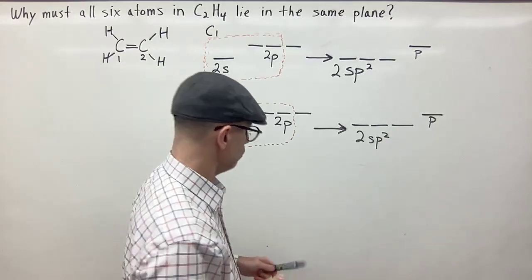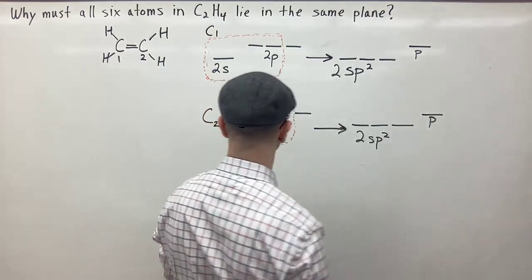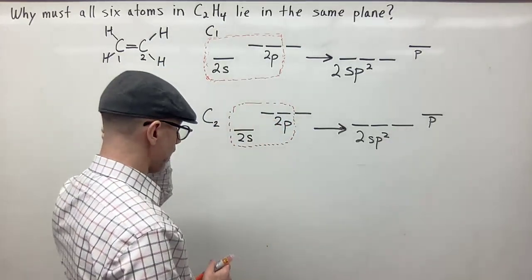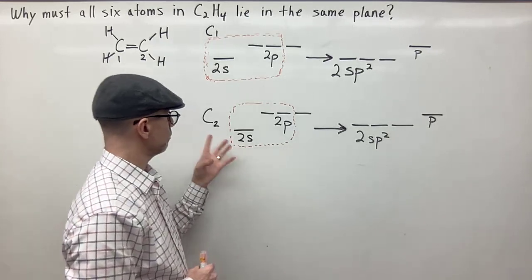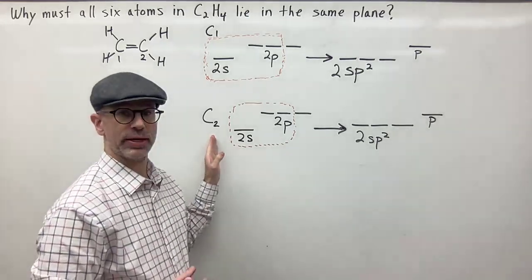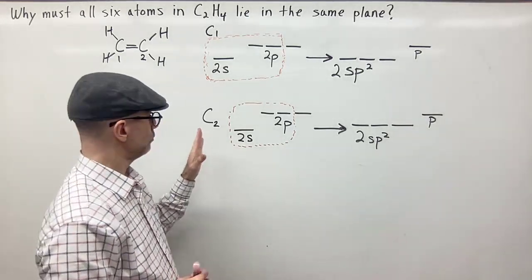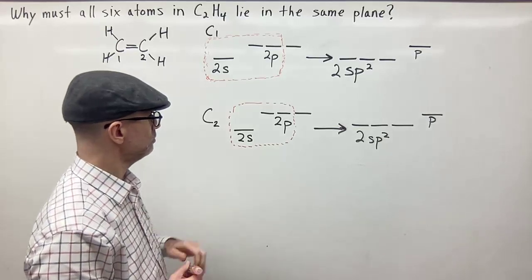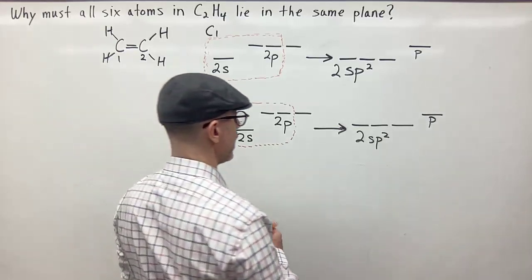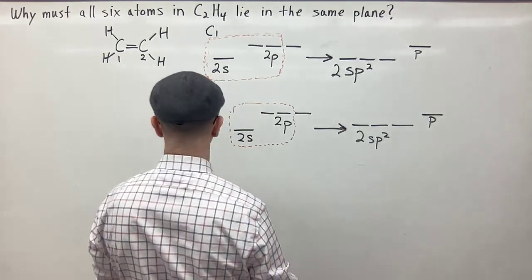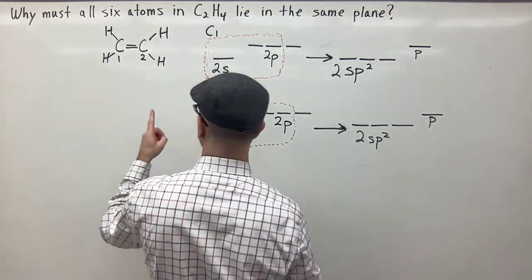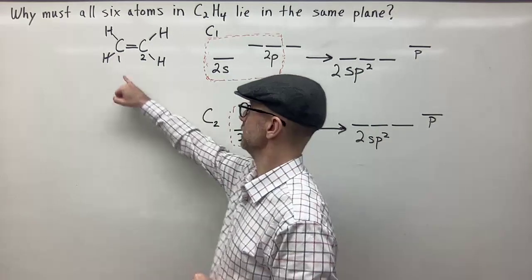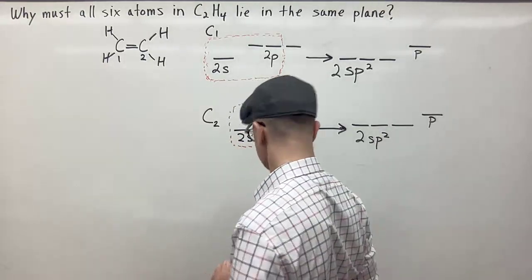And so what's going to happen is, for those carbons, each carbon has four valence electrons. Those electrons are going to pair up with other electrons, with the electrons in the 1s orbital.